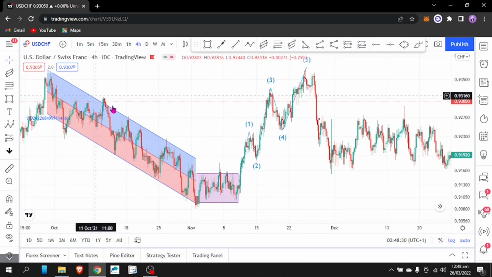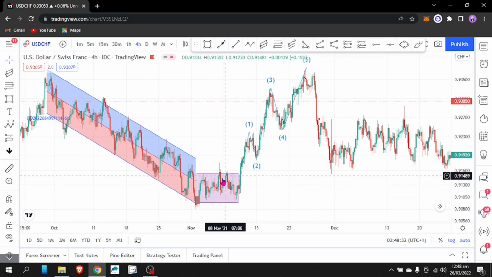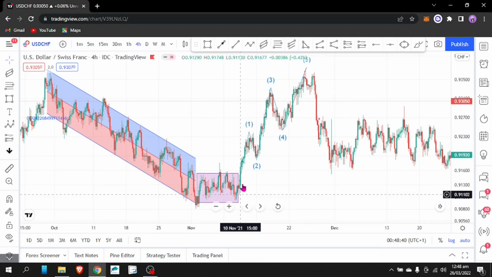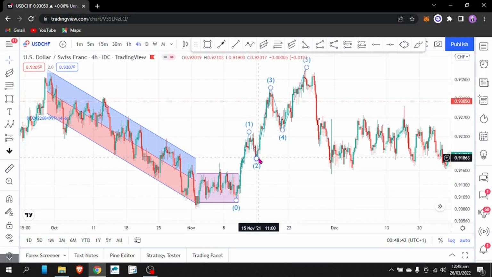The trend was earlier bearish. When it consolidated and broke above this resistance, market structure was broken, now giving us a bullish trend. That was why price pushed from this level after this breakout and this retest of this broken resistance, which now became a support level. It gave us our second impulsive wave.